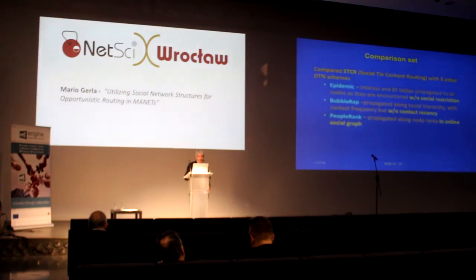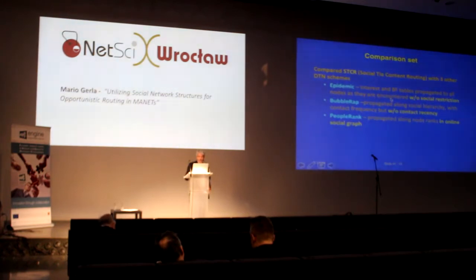this type of operation. So epidemic is the basic scheme, the one that does the broadcast. Actually, it's a modified scheme because we broadcast interests from the requesters. Also, we broadcast Bloom filter tables from the content owners.